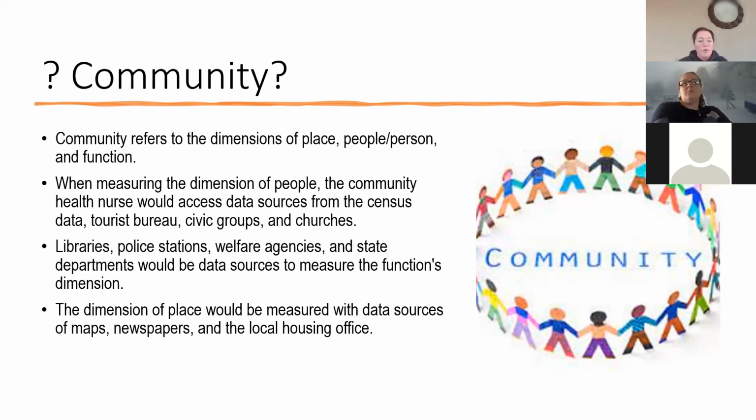When we're measuring the different parts, that's going to be important for your test. So we're measuring the dimension of the people: we're going to look at our census data, our tourist bureau, civic groups, and churches. When we look at the functions dimension, we're going to look at libraries, police stations, and welfare agencies. And make sure that when we're looking at data sources for place, we're going to look at maps, newspapers, and the housing office. Any question on that one?